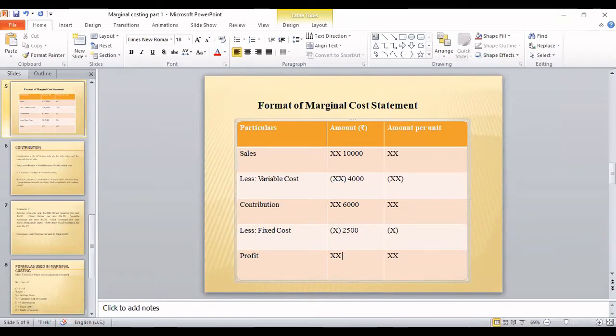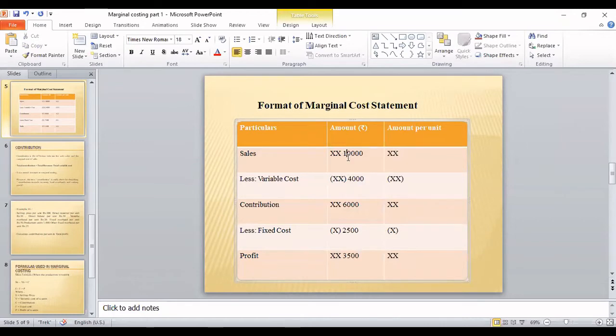Come on, fast, calculate and tell me. 3,500. Exactly, 3,500. This is how you have to keep this format in your mind while solving marginal cost problems, because the maximum problems will be based on this basic format only.